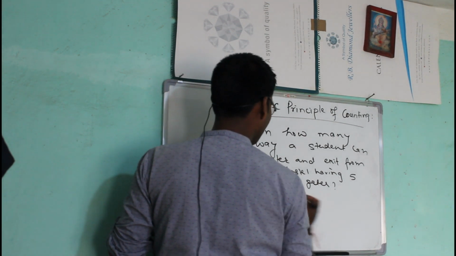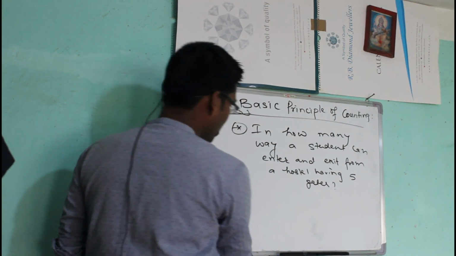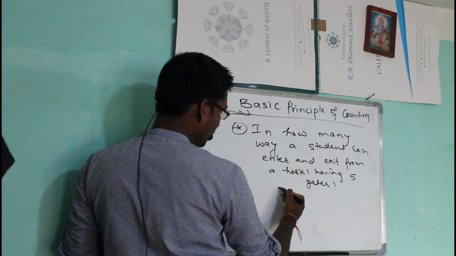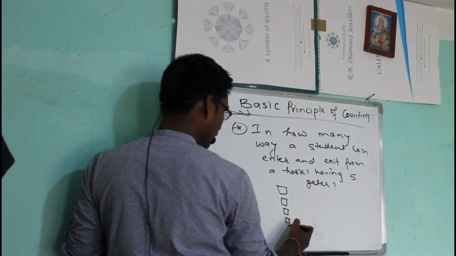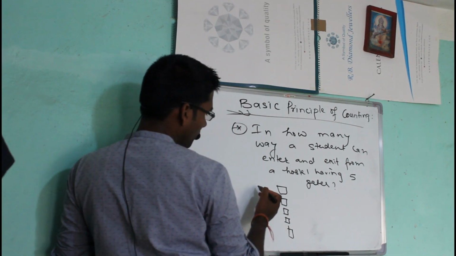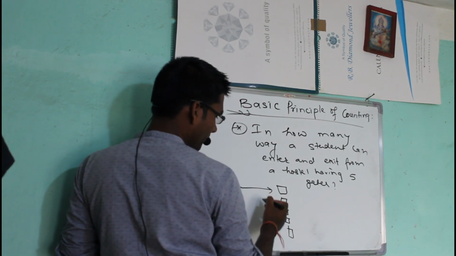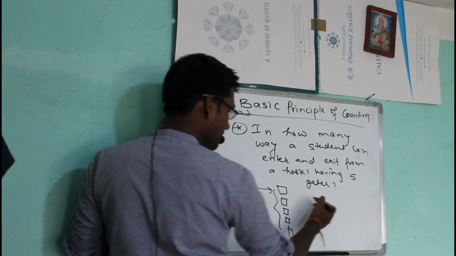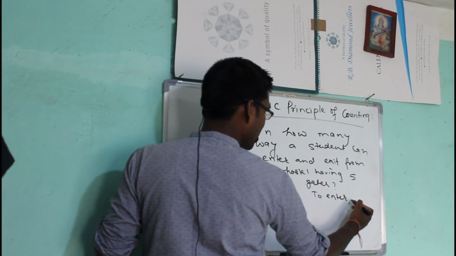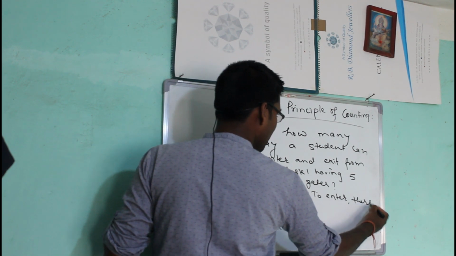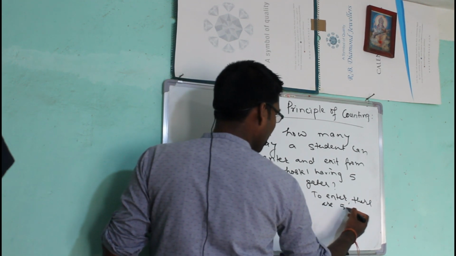Okay, so I'm taking one example. See here, we're given 5 gates: 1, 2, 3, 4, and 5. So now to enter, we can have 5 choices. To enter, there are how many choices? There are 5 choices.